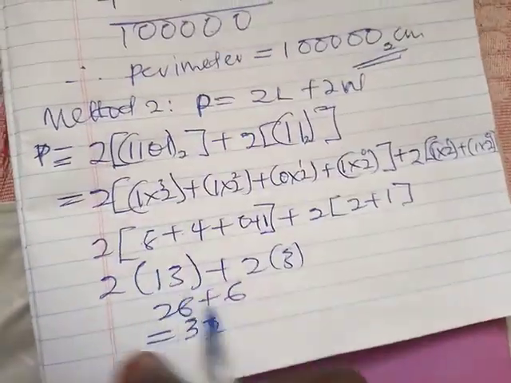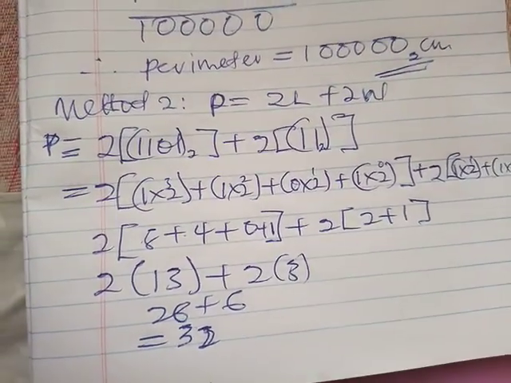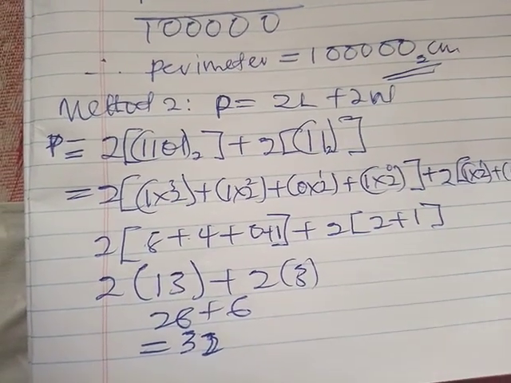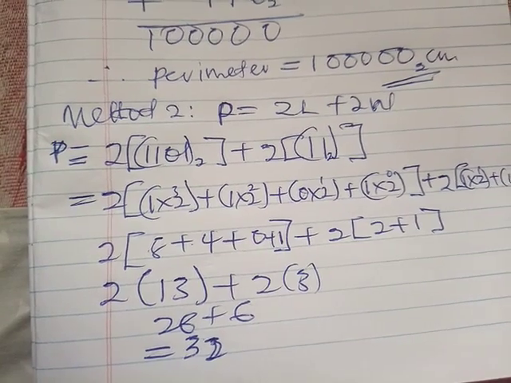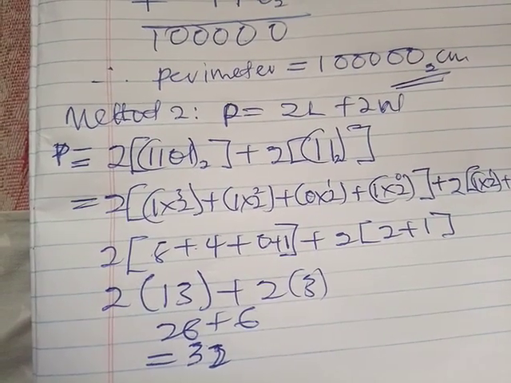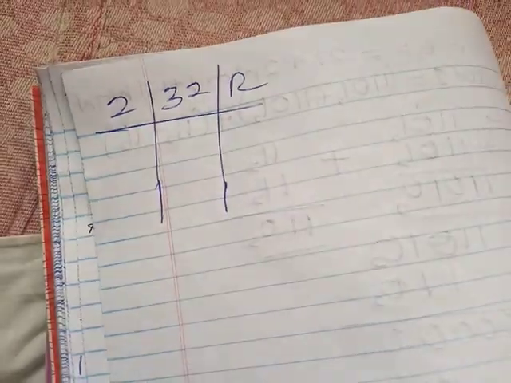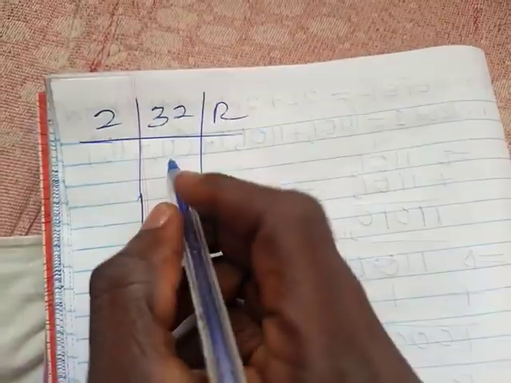So we are going to change this 32. Don't forget that this is in base 10. You change this 32 to base 2 because you are dealing in base 2. So we are changing 32 to base 2.